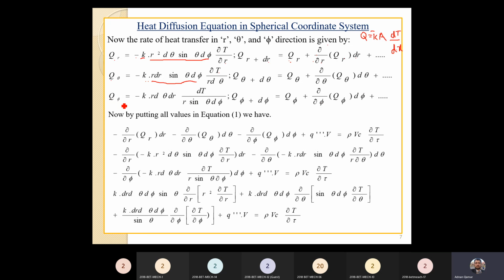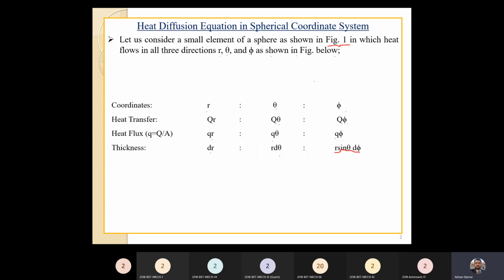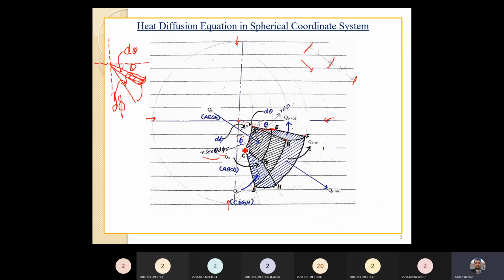And the heat transfer rate in phi direction is equal to minus k, because it is a constant, r d theta dr, the area, over thickness. What is the thickness? R sine theta d phi. Look at this figure. We are in phi direction. And what is the area?